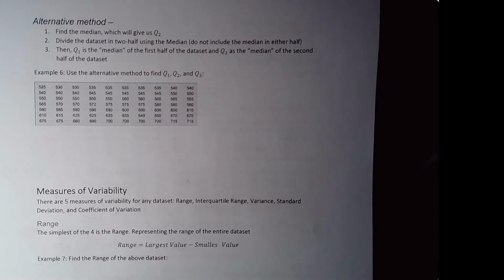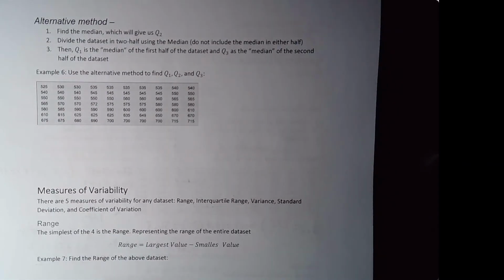To find the quartiles, there is an alternative method. Now this method is very popular. I know that all of the TI calculators have this pre-programmed in, and I believe Google Sheets or Excel might also be doing it this way. But the alternative method only works for quartiles.